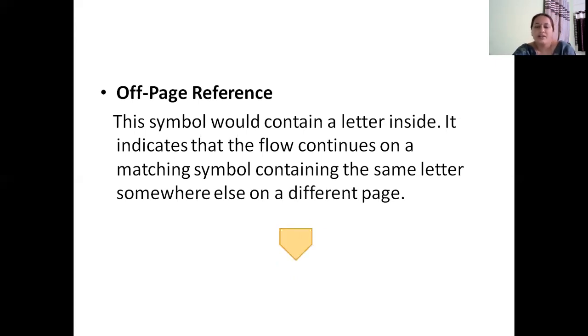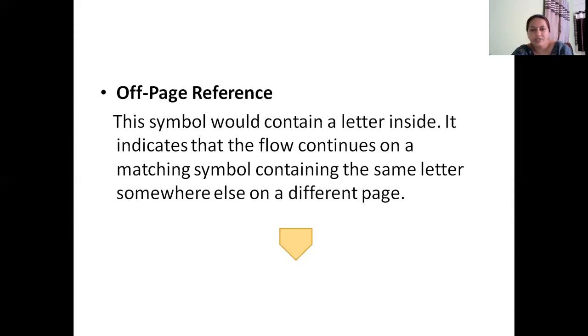On the other hand, if you have to continue the flowchart in a different page, we use the off-page reference symbol. This is a hexagon symbol which we use for off-page reference. Whatever alphabet you write inside the off-page reference should match in both the pages.